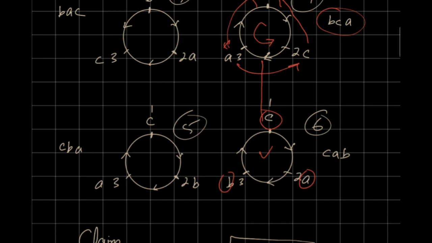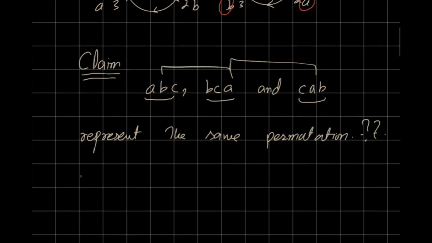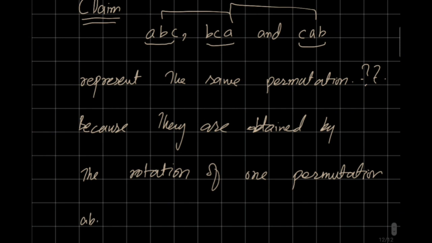Therefore, they will feel that we are sitting in the same pattern, because they are obtained by the rotation of one permutation. Which one? A, B, C.